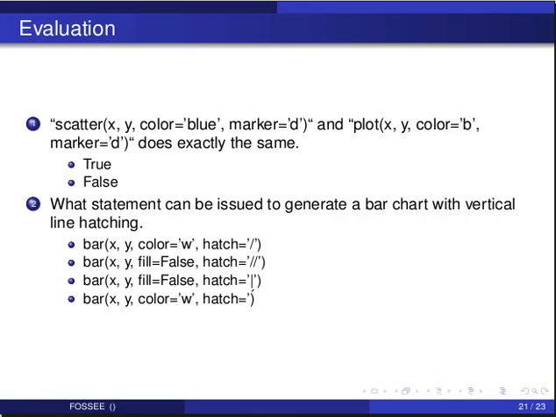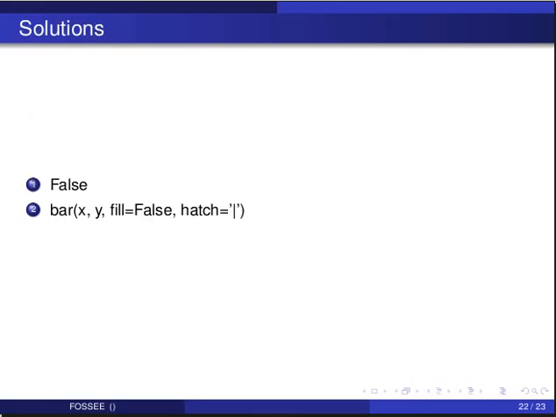Second, bar within brackets x, y, fill is equal to false, hatch is equal to within double quotes slash. Third, bar within brackets x, y, fill is equal to false, hatch. And bar within brackets x, y, color is equal to within quotes w, hatch is equal to double quotes.